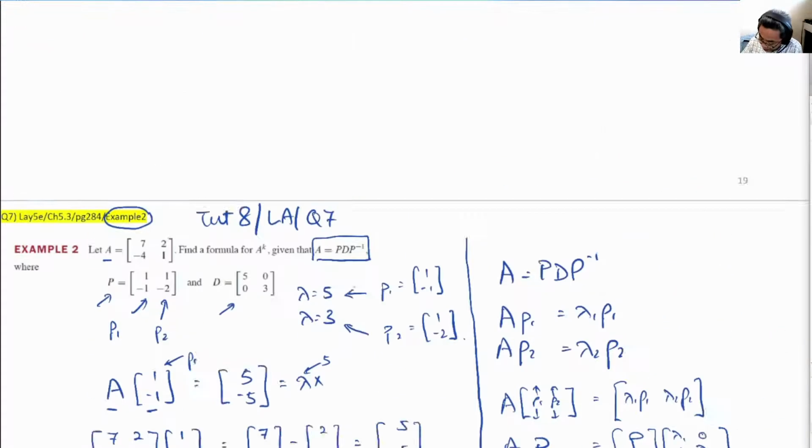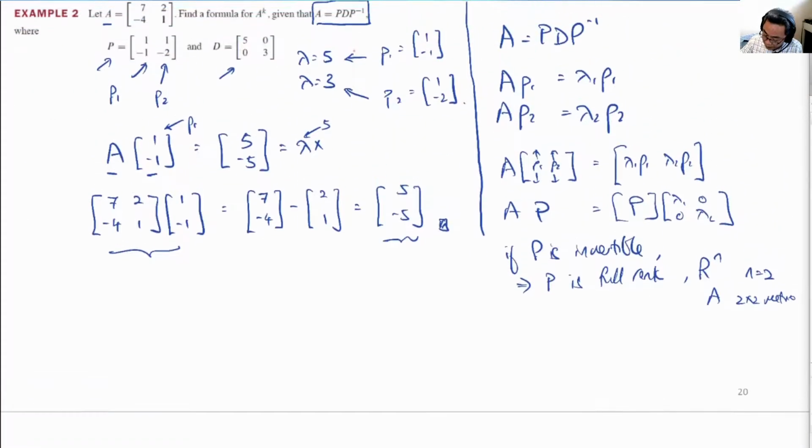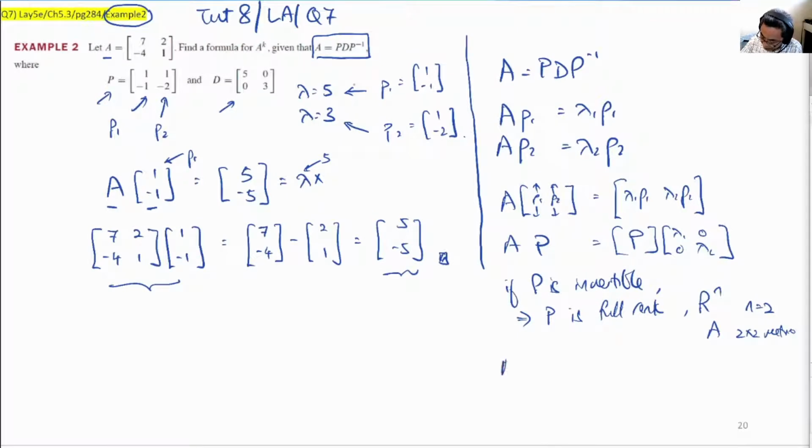Now, if this is so, then we multiply A times P by P minus 1 on the right, and therefore we have P times D times P minus 1 on the right hand side.